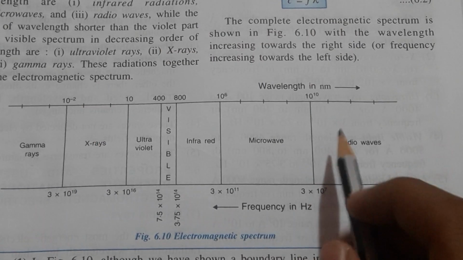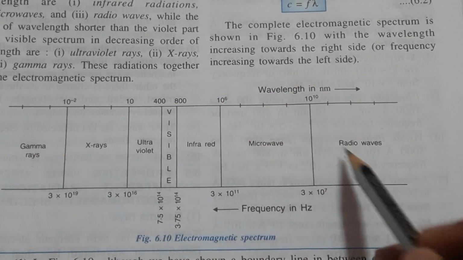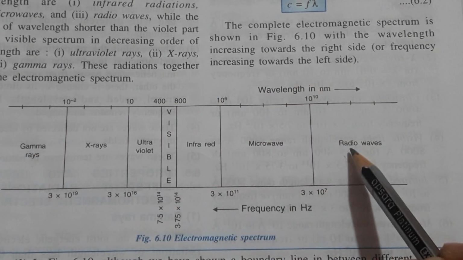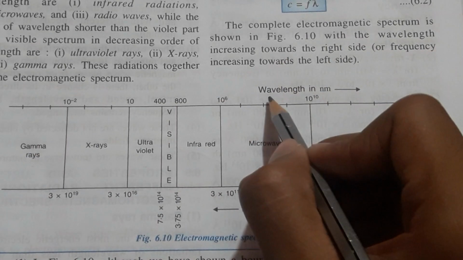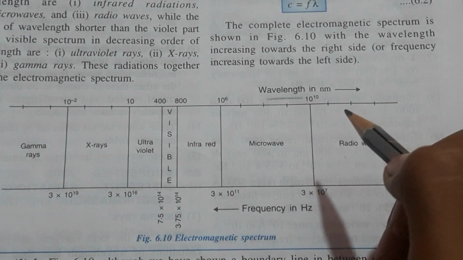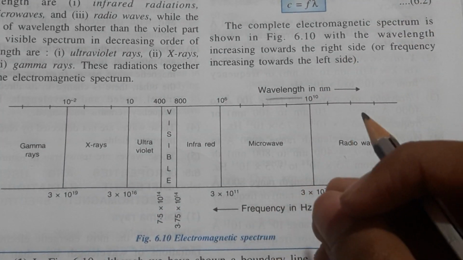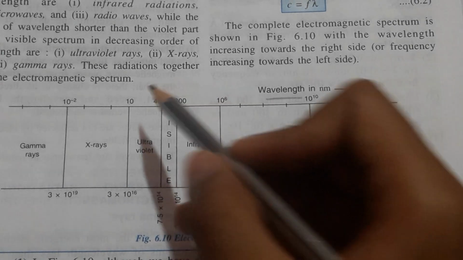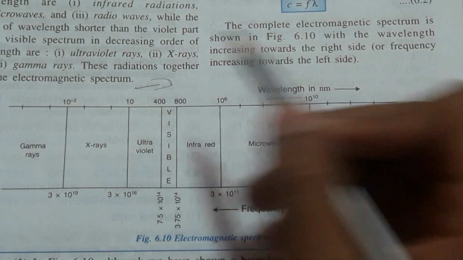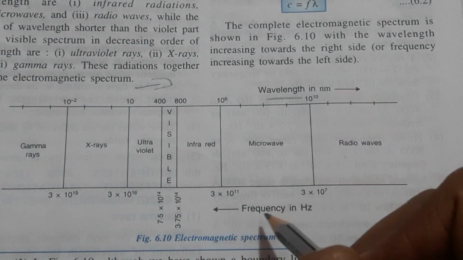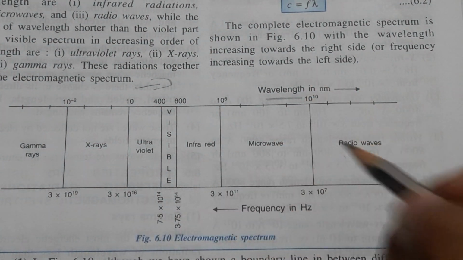So this is the increasing order from gamma rays to radio waves. It is the increasing order of wavelength. You need to mention the increasing or the decreasing order. So this is the increasing order of wavelength, and this is the increasing order of frequency.